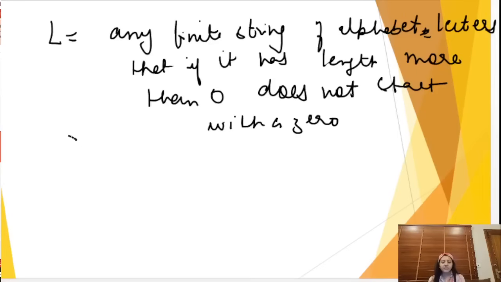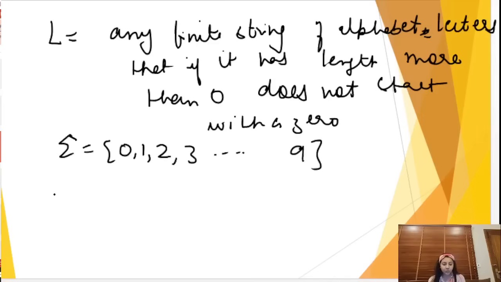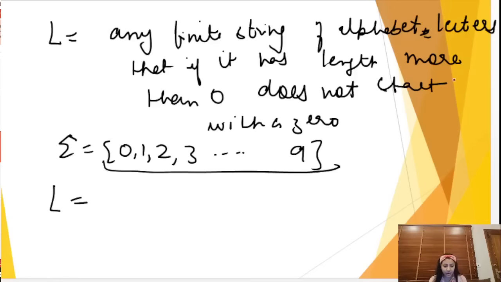For example, my alphabet is 0, 1, 2, 3, and so on up to 9. The language says that it can be any finite string that can be formed from these alphabet letters, and if it has length more than 1, then it should not start with a 0. For example, a single 0 can belong to the language, but if the length of this string is more than 1, then it should not start with a 0.